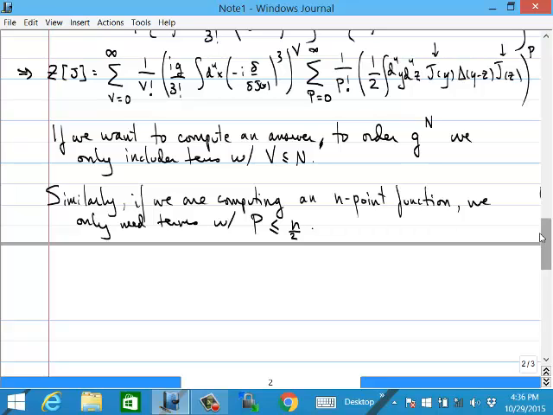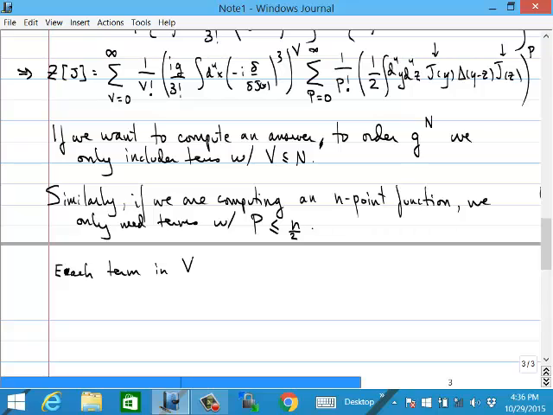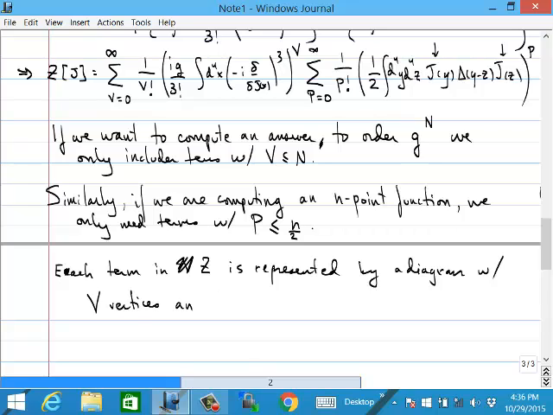But the point, and the thing that makes this such a nice way of organizing our thinking about the theory, is that each of these terms in Z is represented by a diagram, and it's a diagram with V vertices and P lines.